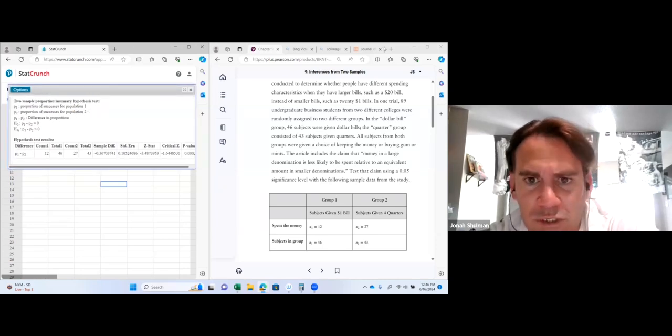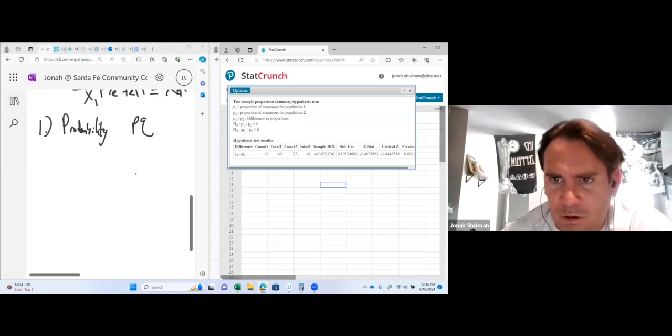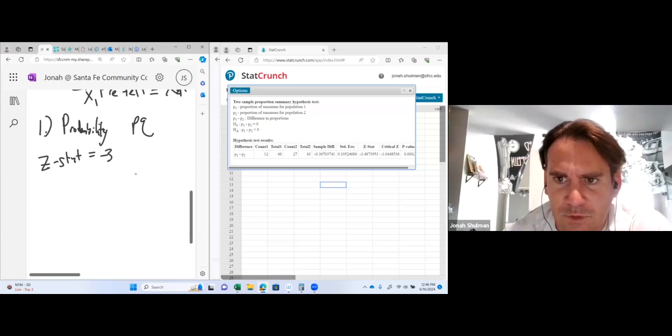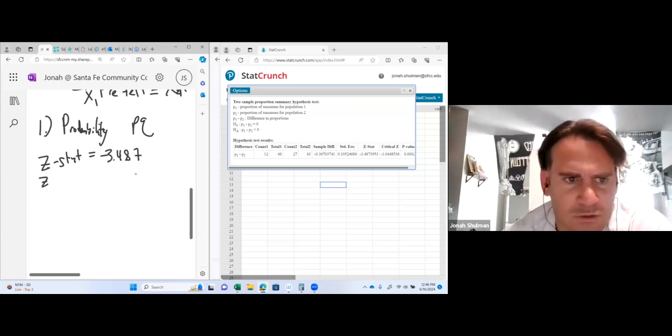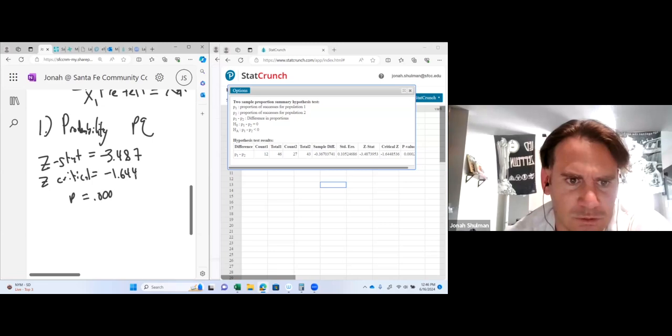I'll put in the information. So for number 1, our Z statistic is negative 3.487. Our Z critical value was negative 1.644, and our p-value is 0.0002. What does this mean on the chart?